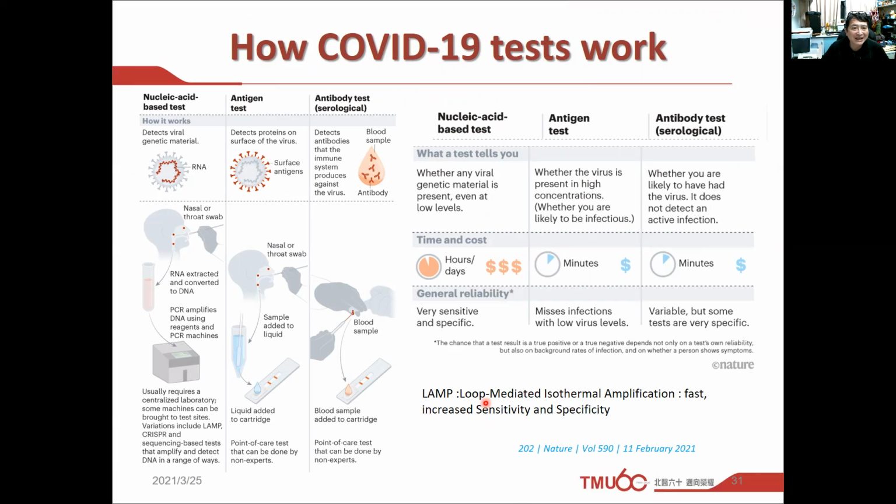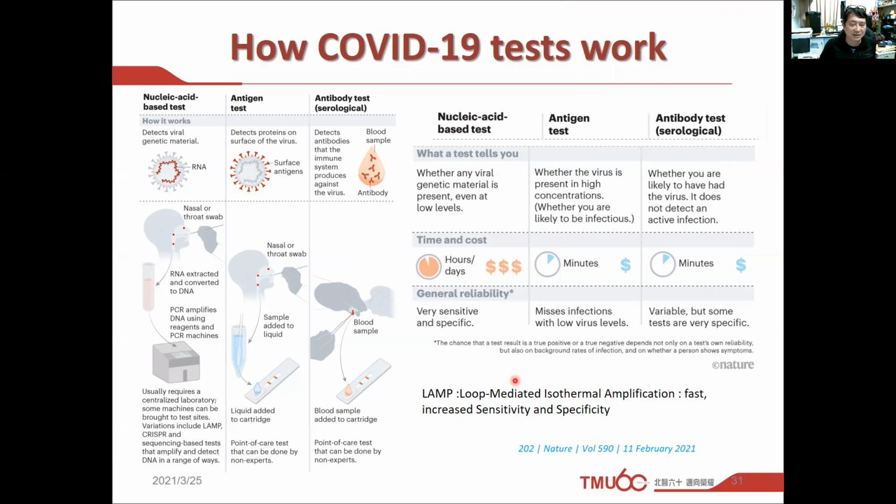The first one, we get a sample from the nostril or throat, use the swab, and put it into the PCR machine, okay, to search for and amplify the viral genome. It will take probably a couple hours to days, probably 12 hours or 7 hours, I believe, and it costs a lot, but it's very sensitive and very specific.